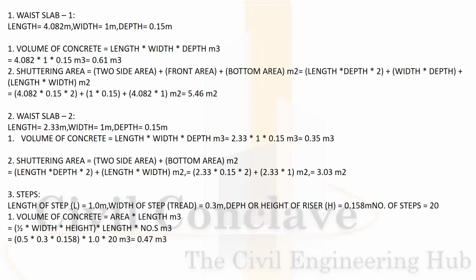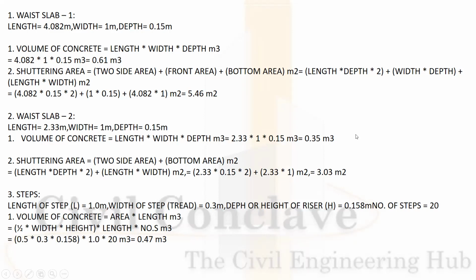Shuttering area is equal to 2 side area plus front area plus bottom area, that is a square meter, which is equal to length into depth into 2 whole plus width into depth plus length into width is equal to square meter.